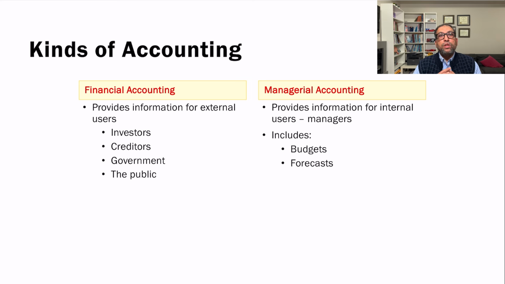Because the users of these reports are external people, not directly involved or inside the business, so they don't have direct information from the business. Those parties or stakeholders are not directly involved in running the business, so they want to know how the business has performed.